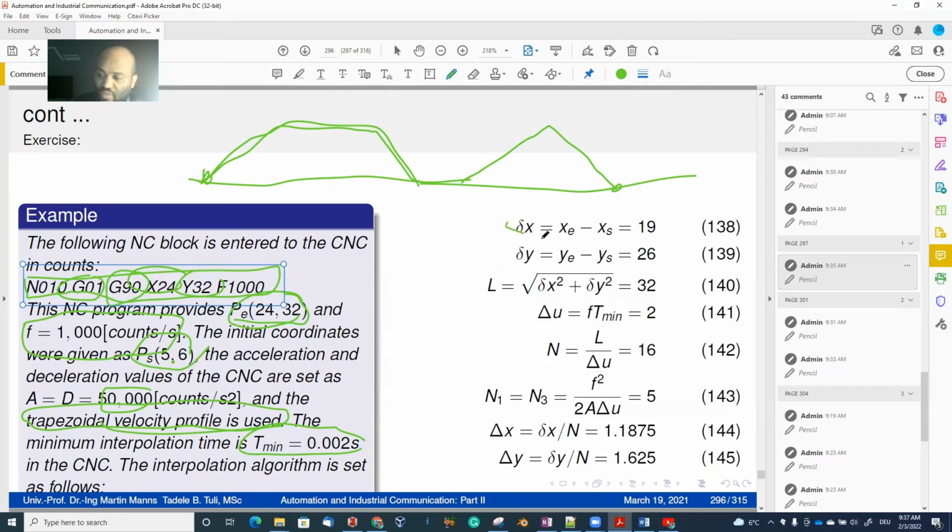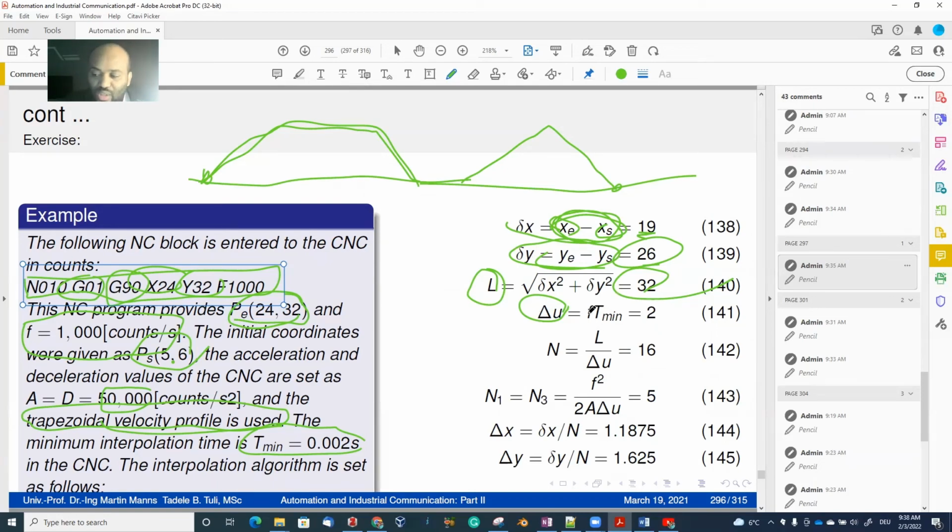So the interpolation algorithm is set as follows. First, you have delta x, which is the difference between the starting and the final point, 24 minus 5, which is 19. Then delta y is 32 minus 6, which is 26. Then you have the Euclidean distance, the square root of delta x squared plus delta y squared, which is 32. Then delta u is the feed rate times the minimum time.